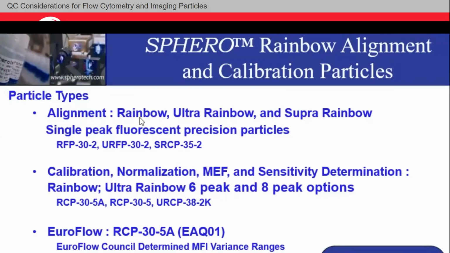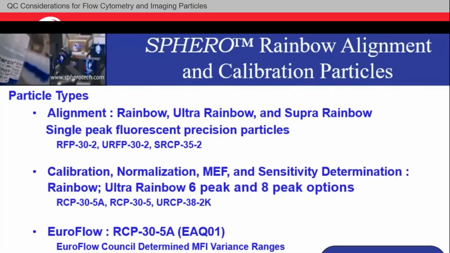We'll deal with alignment with our rainbow, ultra rainbow, and super rainbow. There's only slight differences between them. For example, the ultra rainbow often has an ultraviolet dye internally polymerized as well. Super rainbow might have a slightly more robust, wider range, but we found that the rainbow particles, the original syntheses by our brilliant founder Jeff, still hold in most any flow cytometer, are still the industry standard and are the flagship particle of our organization.